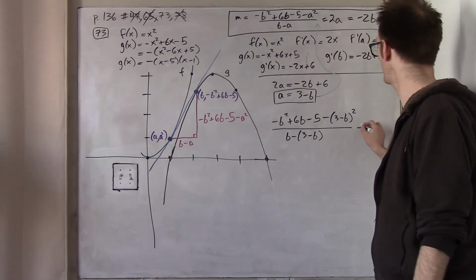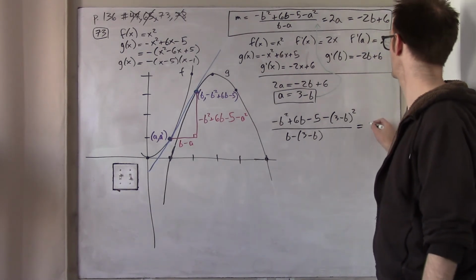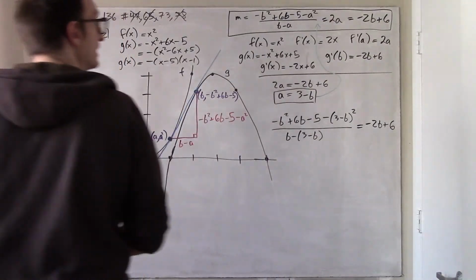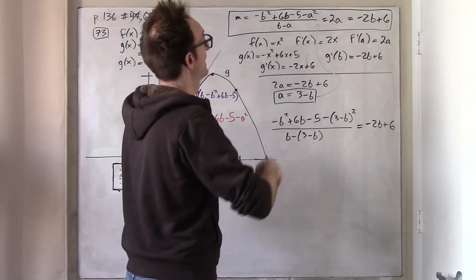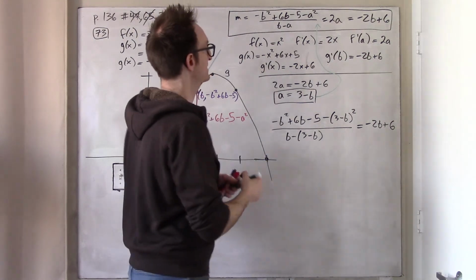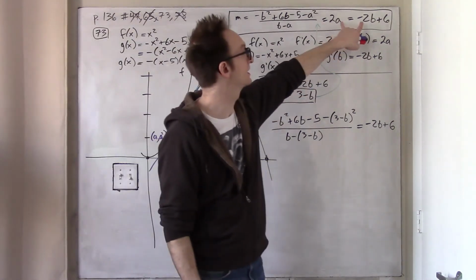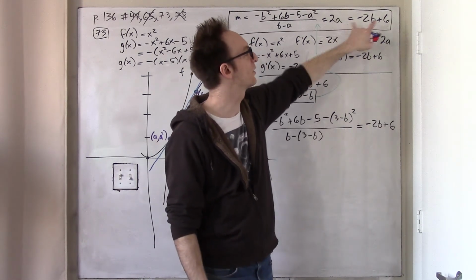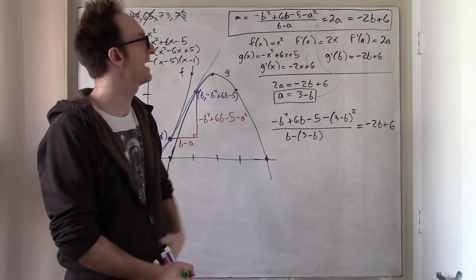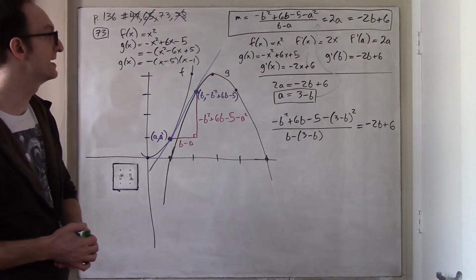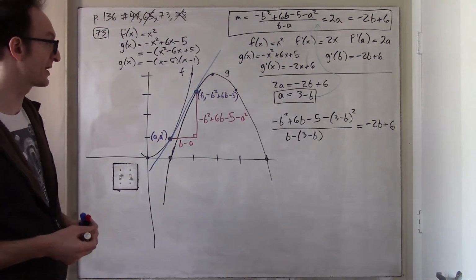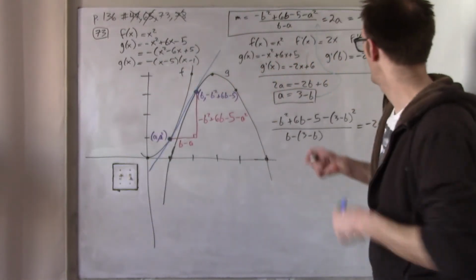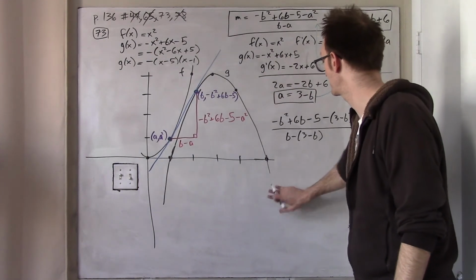And this whole thing equals negative 2b plus 6. Alright, so that's a little bit tricky. What I did is I used these two expressions to write a in terms of b. Okay, so I have a single equation now in b. Can I solve this? I don't know. Let's go.